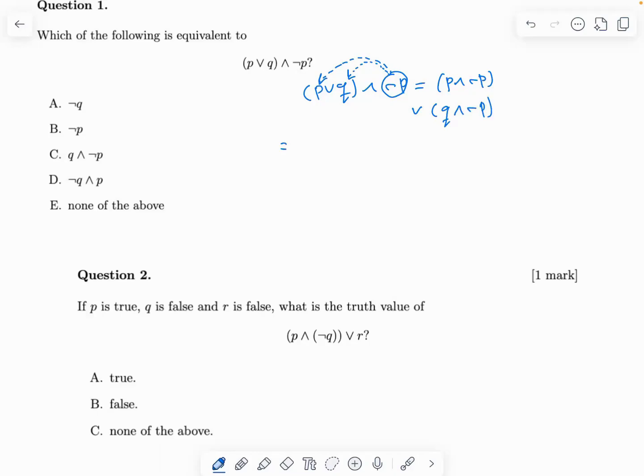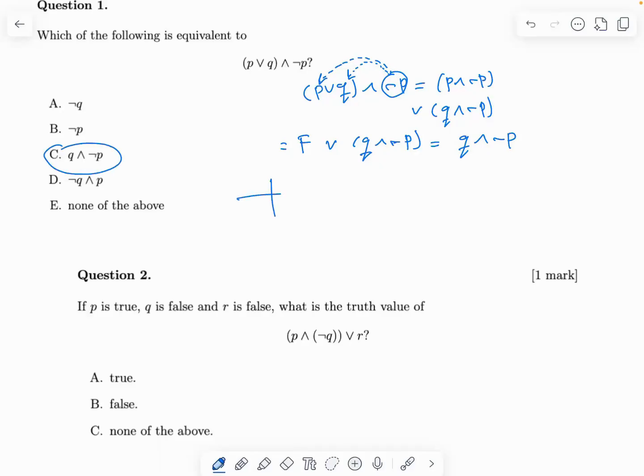P and negation P is F, or (Q and negation P). So this is equal to Q and negation P. So C is the correct answer.